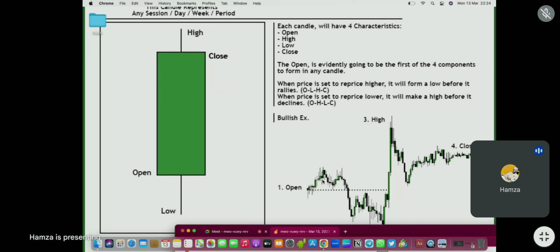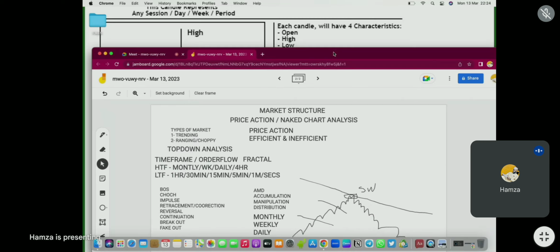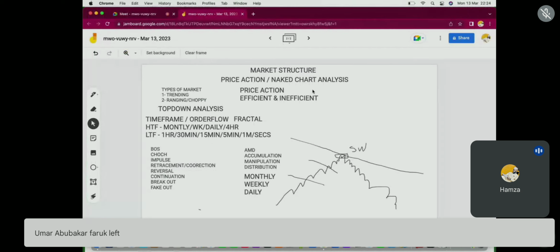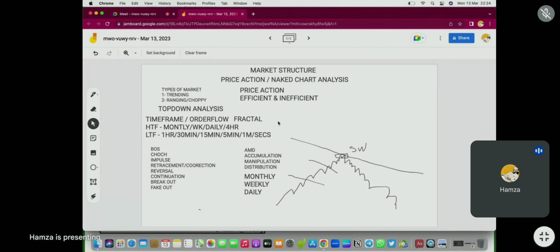Accumulation, manipulation, distribution, then close. Then we have open again. Accumulation, manipulation, distribution. And distribution could be to the upside, distribution could be to the downside. Depending on the narrative, depending on the bias you have, and depending on what price wants to do.